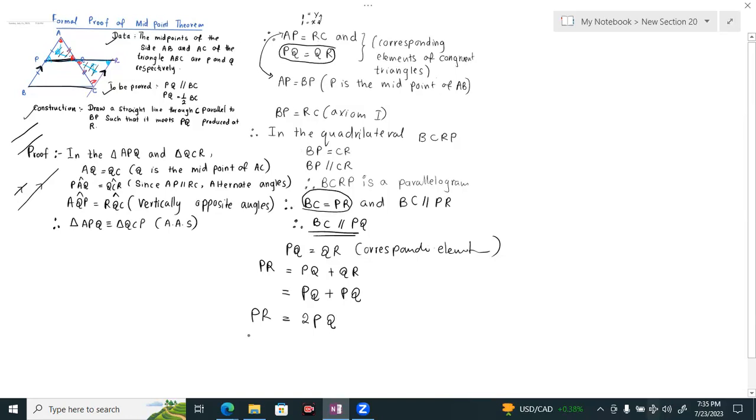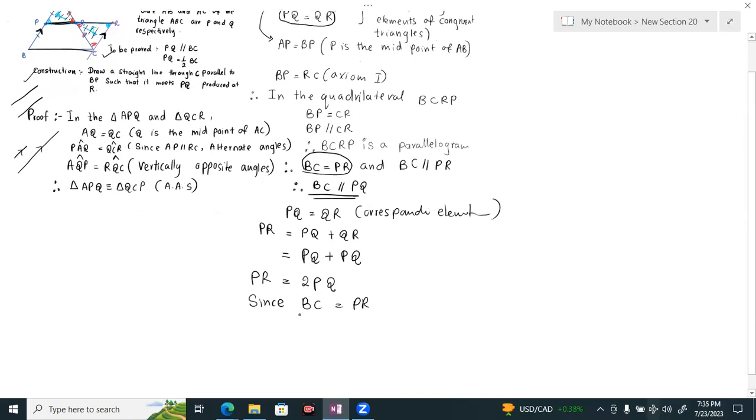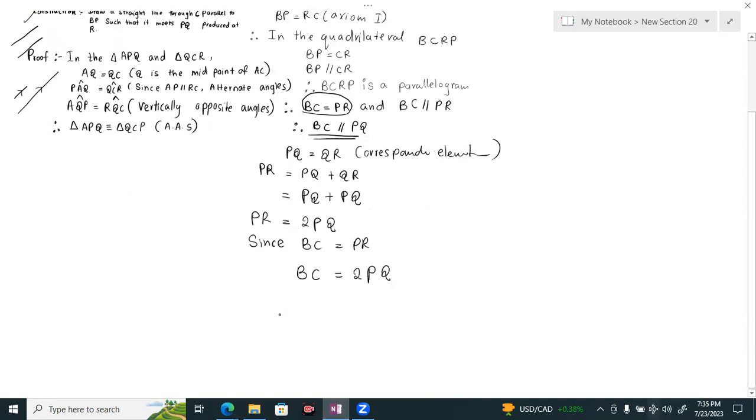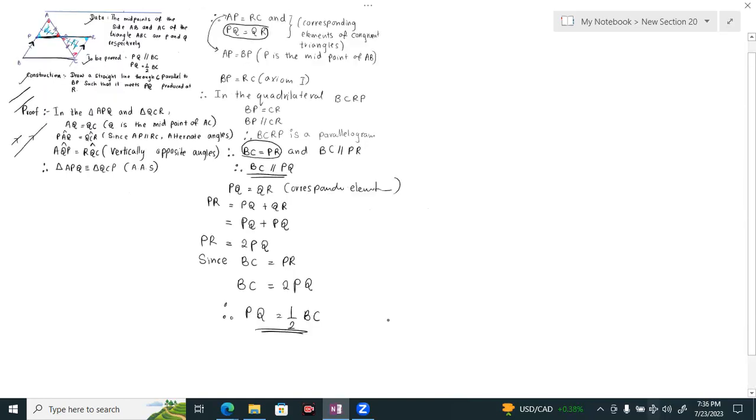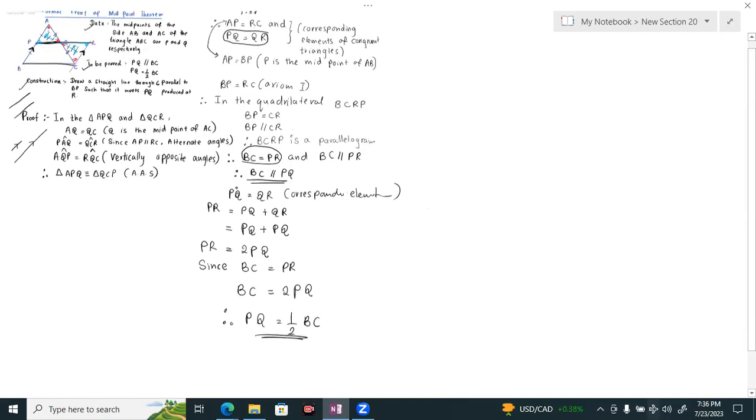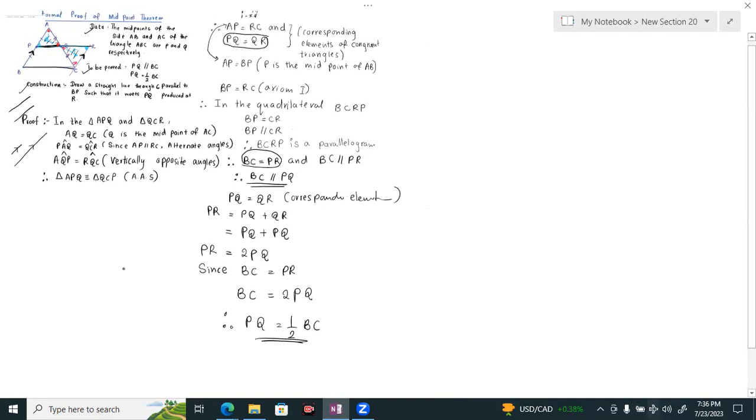Okay, then since BC equals PR, I can substitute PR by BC. Then BC is equals to 2PQ. Okay. Then I can write therefore PQ is equals to half of the BC. This is PQ is equals to half of BC.